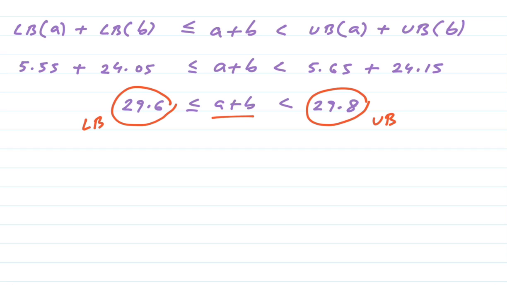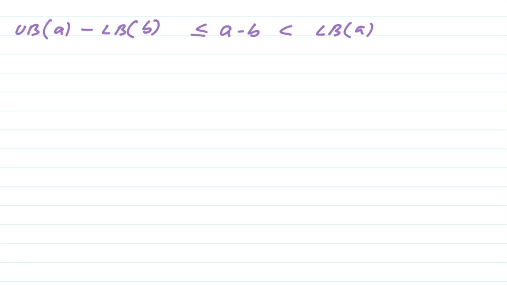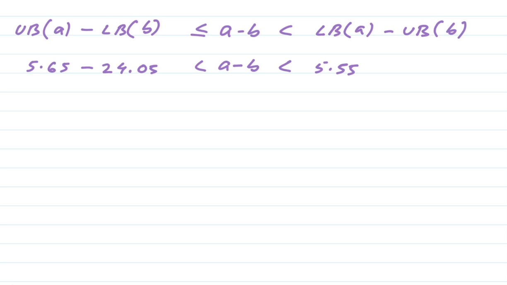Let's move to the next question, which is to find the lower bound of A minus B. The lower bound of A minus B will be the lower bound of A minus the upper bound of B, and for the upper bound of A minus B, it's going to be the upper bound of A minus the lower bound of B. The upper bound of A is 5.65 minus 24.05, the lower bound of B. The lower bound of A, which is 5.55, minus the upper bound of B, which is 24.15.